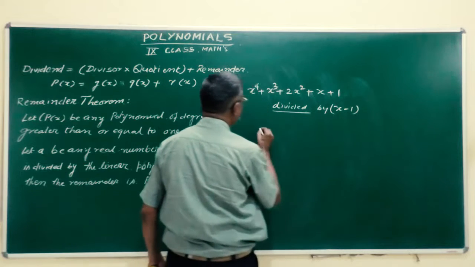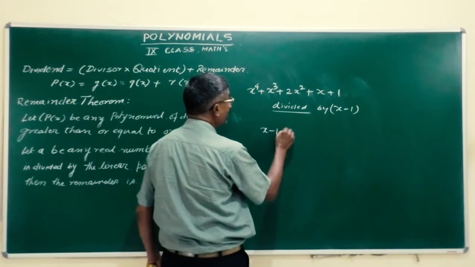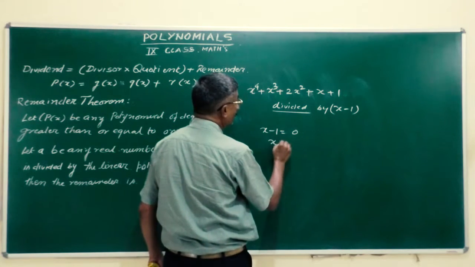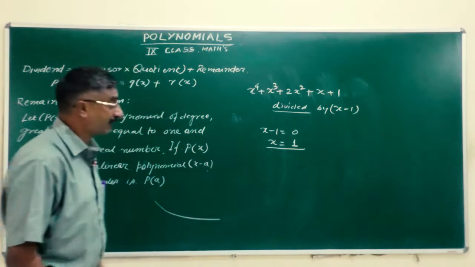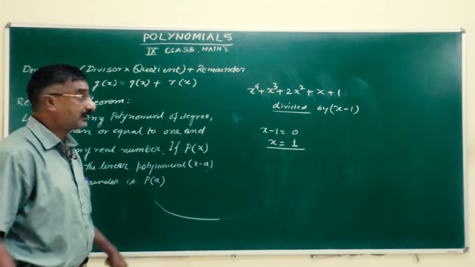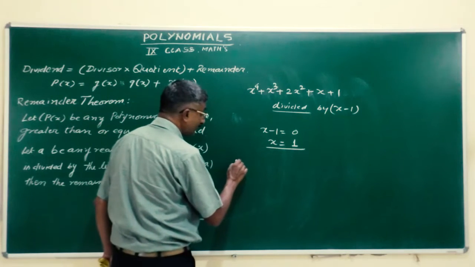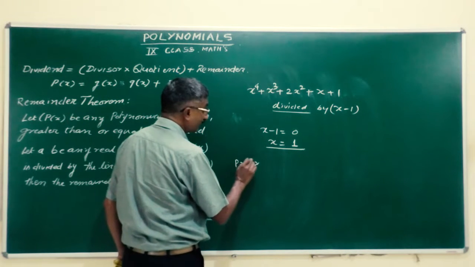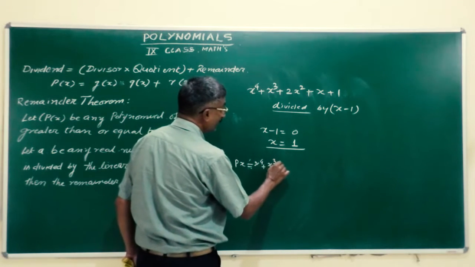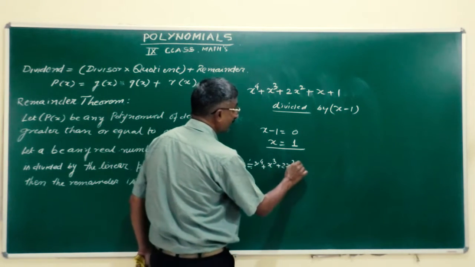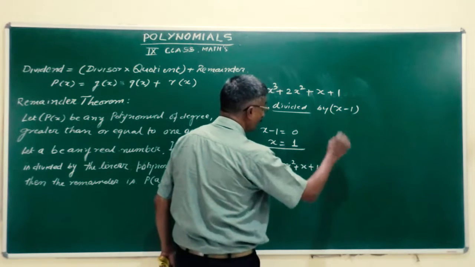It means x minus 1 is equal to 0, so x is equal to 1. If we substitute the value x equal to 1, we will get the remainder. So p(x) is equal to x raised to the power 4 plus x cube minus 2x square plus x plus 1.